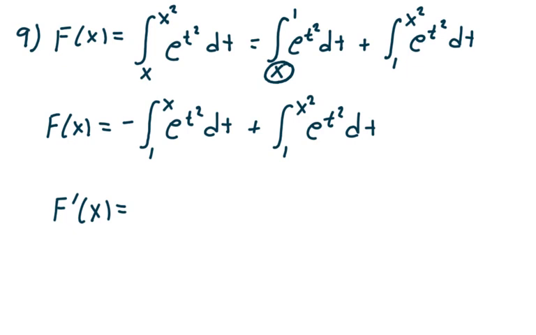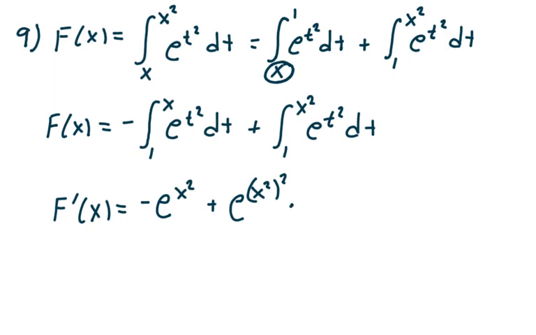So in the first term, I'm going to replace t with x in that integrand. And so this is negative e to the x squared plus, now I'm going to replace t with x squared to take the derivative of the second term. So this is e to the x squared squared.